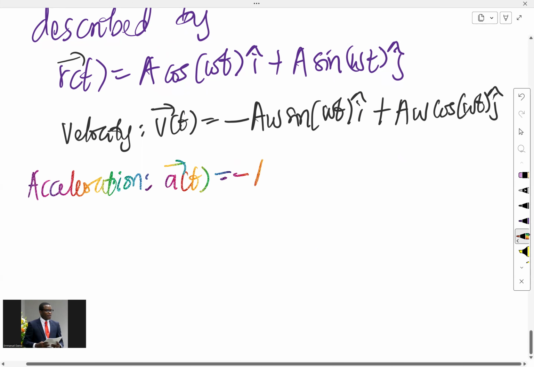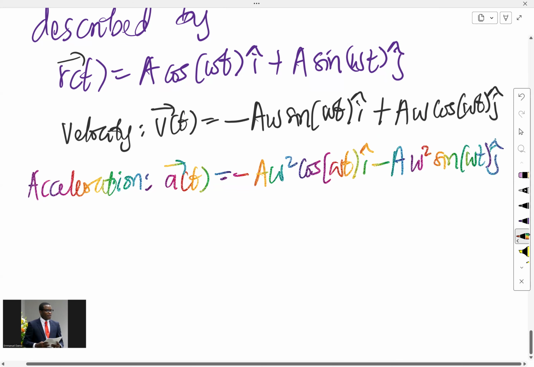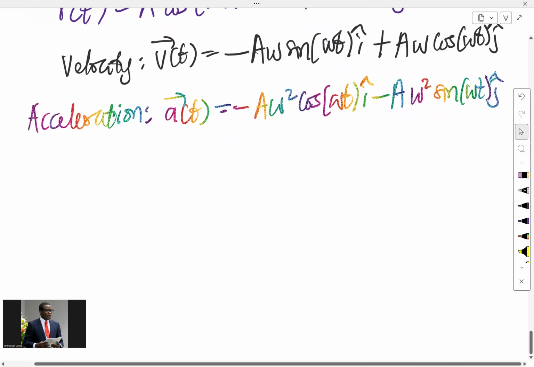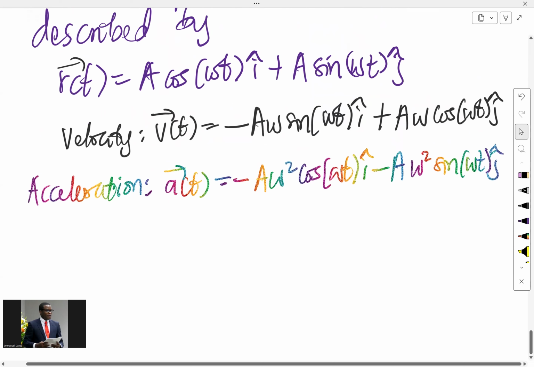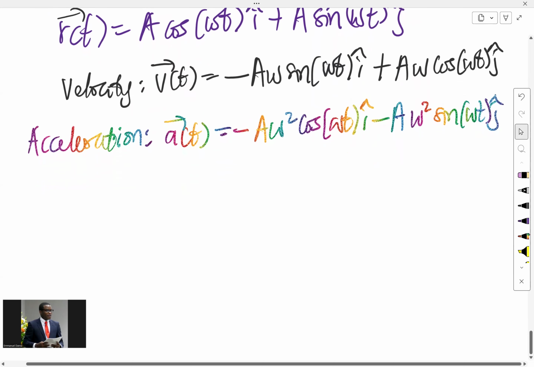So that's minus a omega squared cos omega t in the direction of i. Then differentiate cos here, you get minus sine. So that's minus a omega squared sine omega t in the direction of j again.